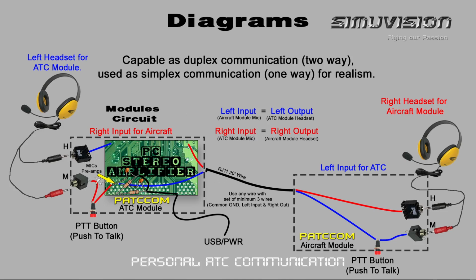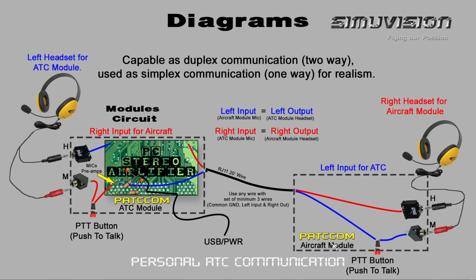We gave the right input microphone in the ATC module, which by pushing a push to talk button can communicate, and the output is going all the way to the aircraft module.